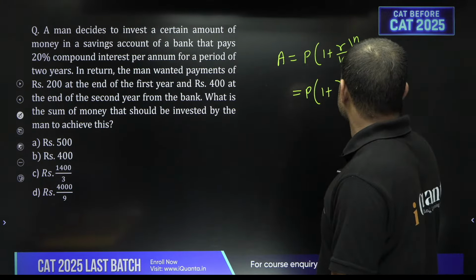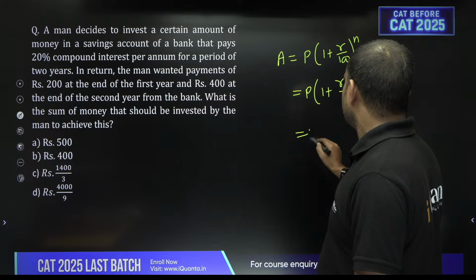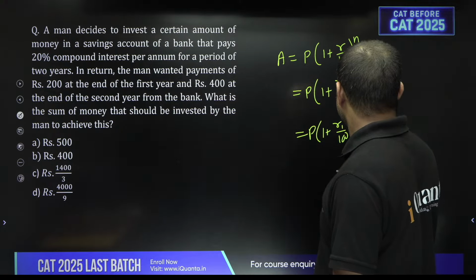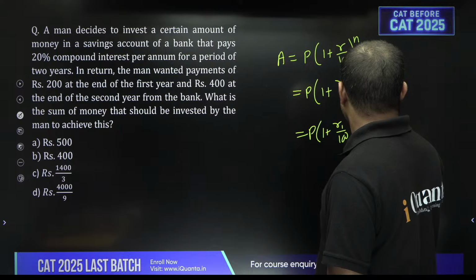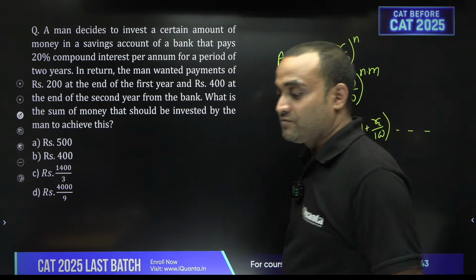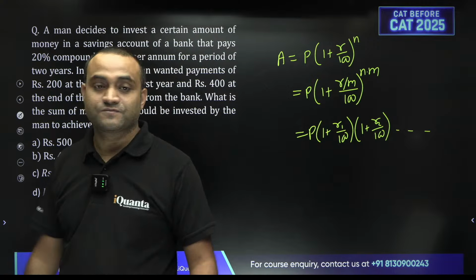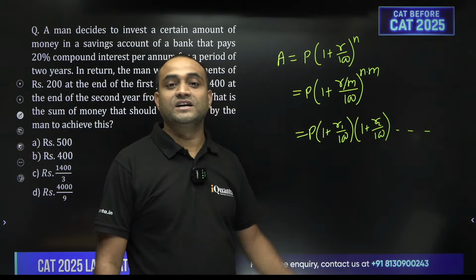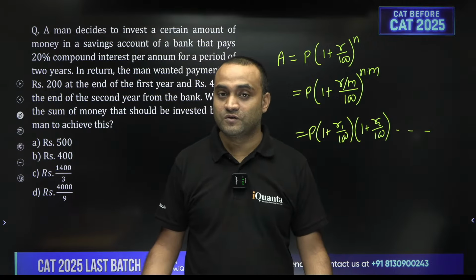And then P into 1 plus R1 by 100, 1 plus R2 by 100, and so on, if interest for the first year is R1%, interest for the second year is R2%, and so on. So these are the three different kinds of questions that you will find.